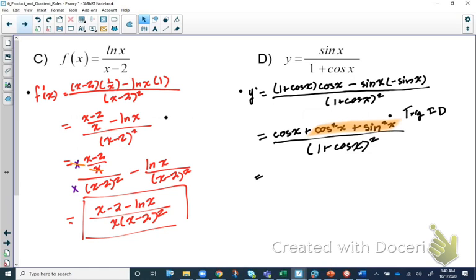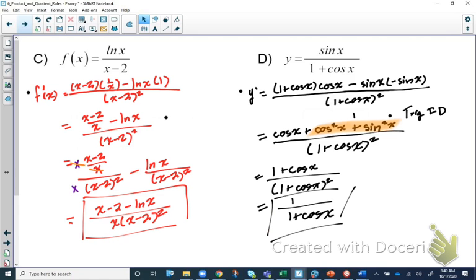So this whole thing just simplifies to be a 1 plus cosine of x, so that you can see it'll match what we have in the denominator. And so we have common factors in the numerator and the denominator, so they simplify to be 1 over 1 plus cosine of x. And there is your derivative for y in example D.